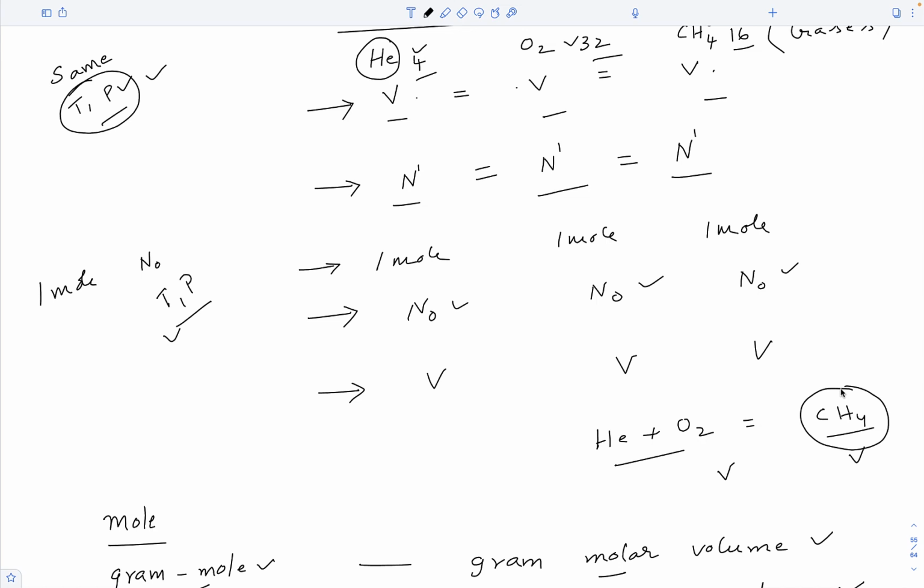It doesn't matter whether it is a single gas or even a mixture of gases. This is very interesting. The volume of a gas at a given temperature and pressure depends only on the number of molecules and nothing else, not on their masses and not on what is present inside these molecules. Of course, assuming that it is an ideal gas.